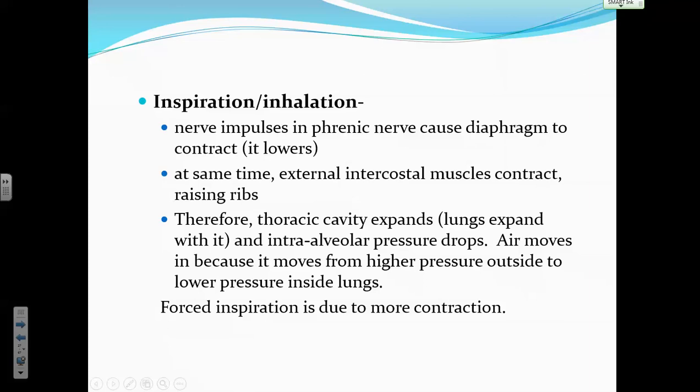You're not consciously making it go in. It's going to go on its own. Now, I'm talking about when you're breathing without thinking about it, your normal resting breathing. If you want to have further inspiration or inhalation, then you consciously have more contractions of those muscles. But just your everyday breathing, it's just going to happen without you thinking about it.